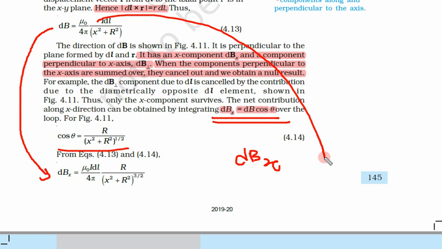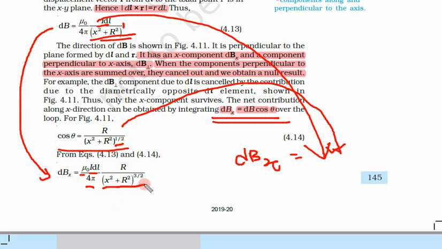Let us put the value of dB from here and cos theta from here. So what do we get? Mu naught upon 4 pi, I dl. In the denominator we have x square plus r square, one power from here and half power from here, so x square plus r square to the power 3 by 2, and this r from cos theta.